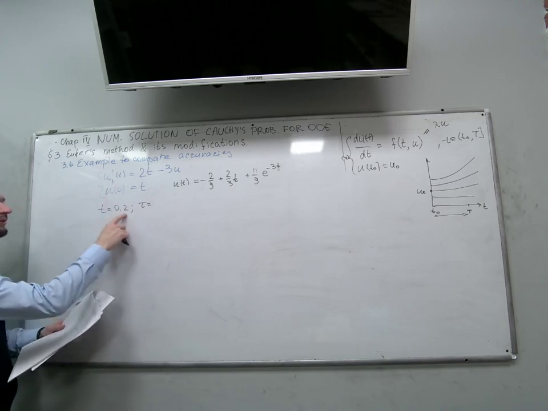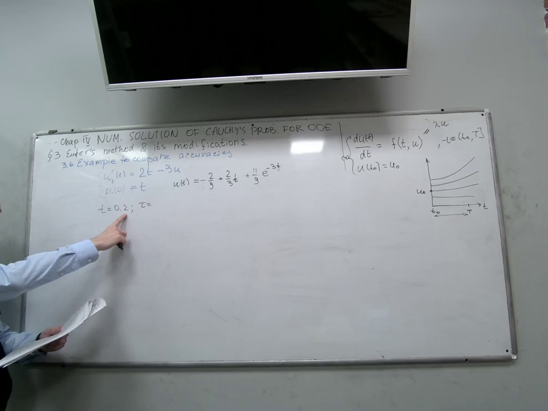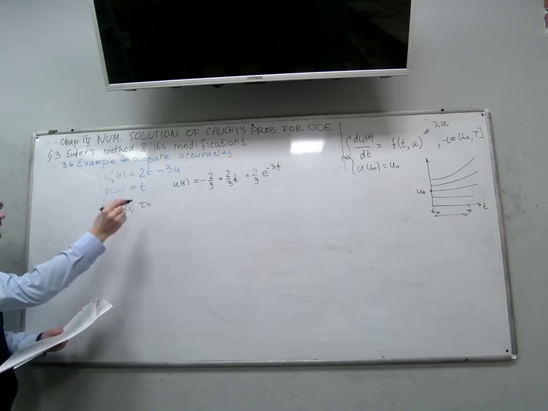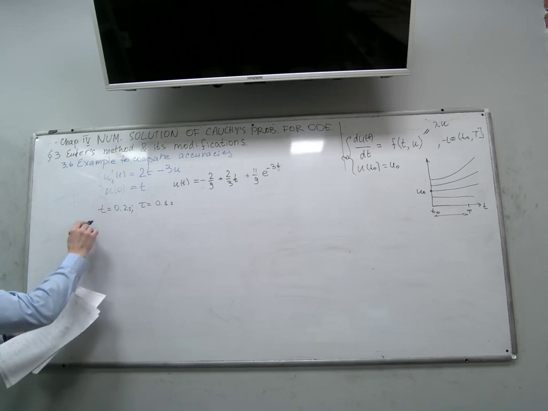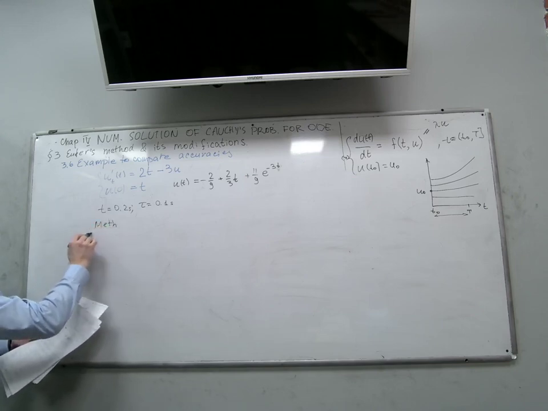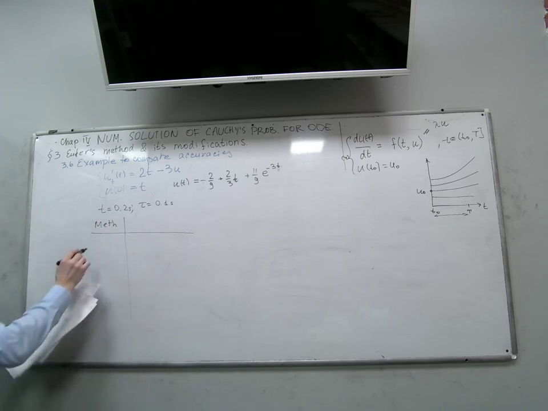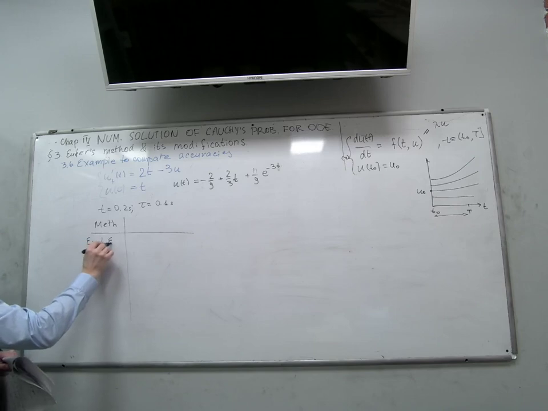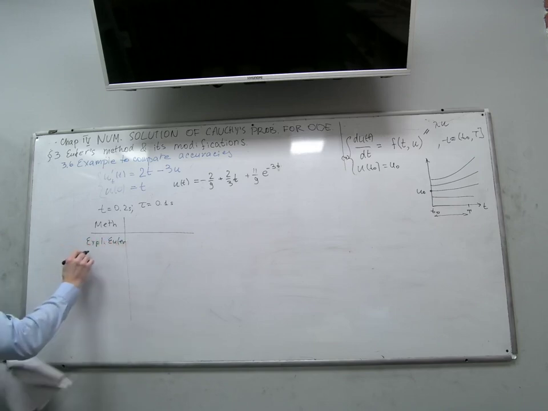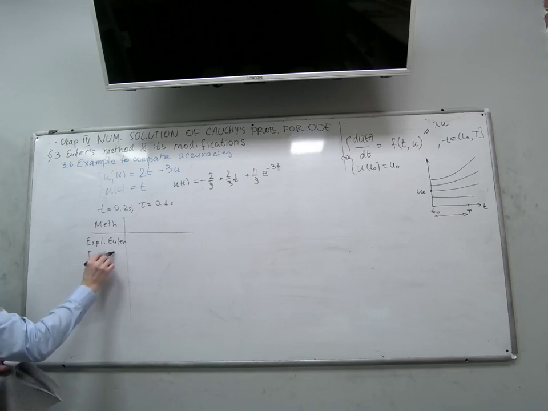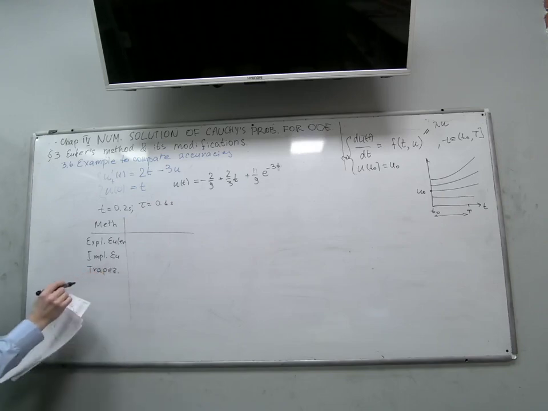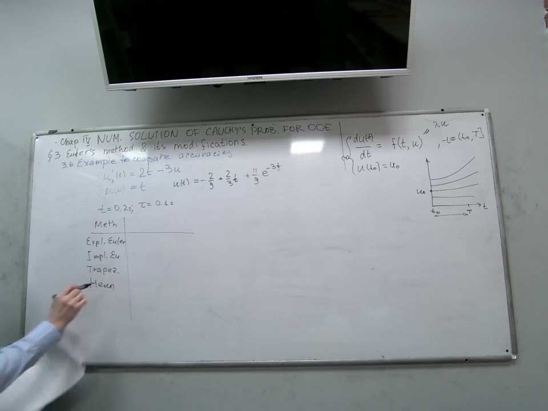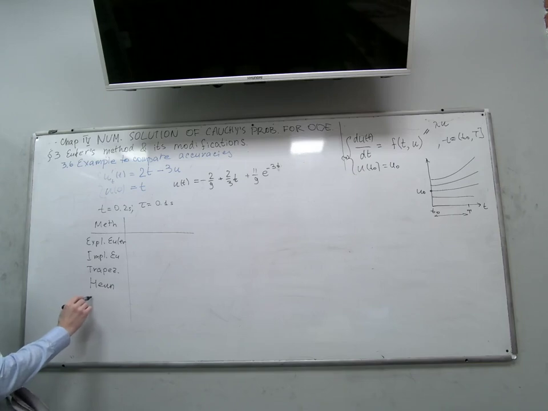So we are computing down to the time 0.2 seconds with a time step of 0.1 second. And the methods we are looking at are the following: Explicit Euler, Implicit Euler, Trapezoidal rule, Heun, and improved Euler.